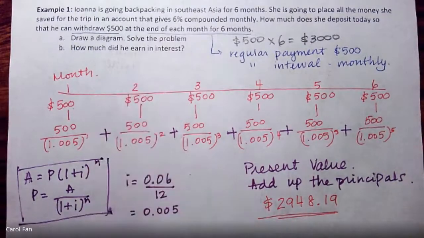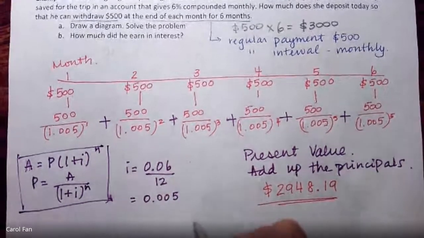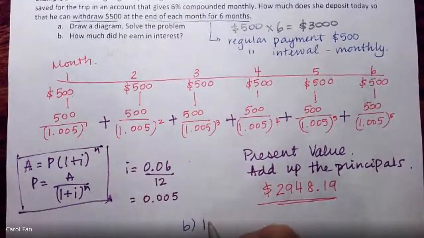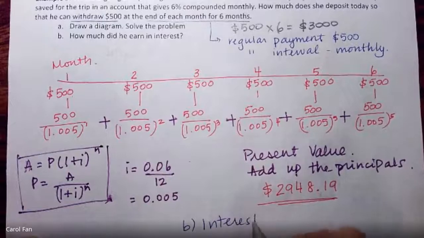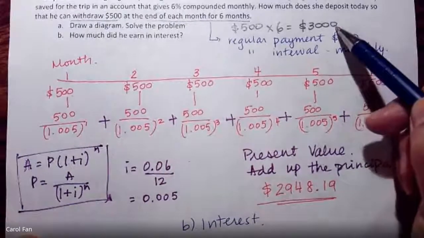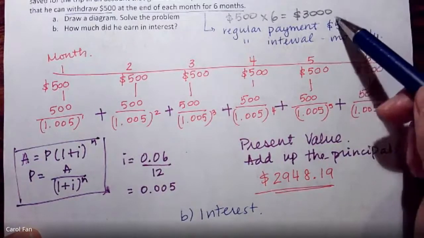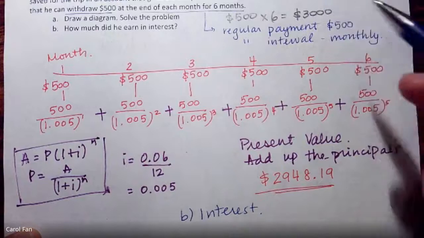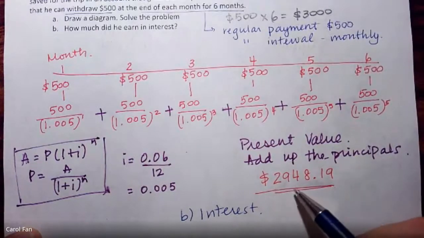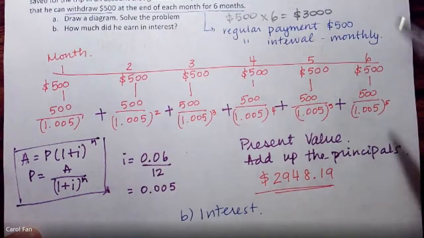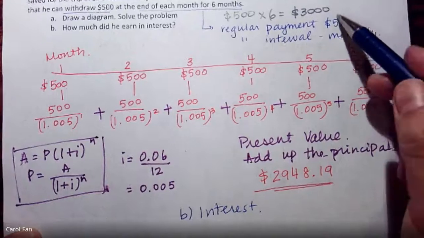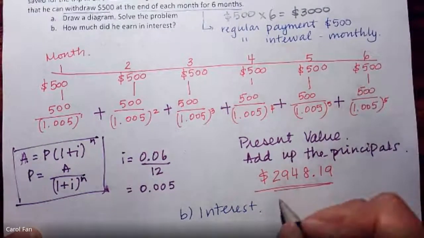So the next question, how much interest did she earn? Well, let's look at it this way. Initially she would have had to put in $3,000 for her to get 500 at the end of the month. Instead, she only had to put in 2,948 and she got out $3,000.